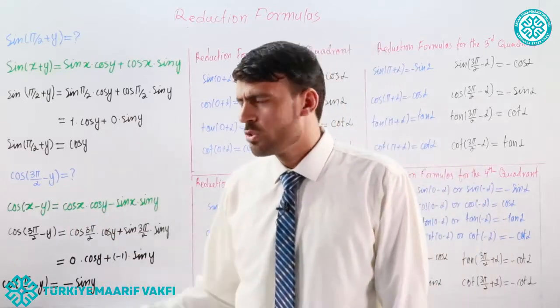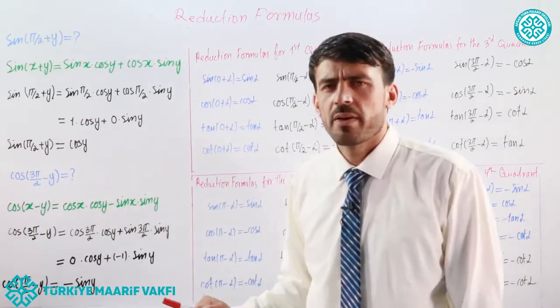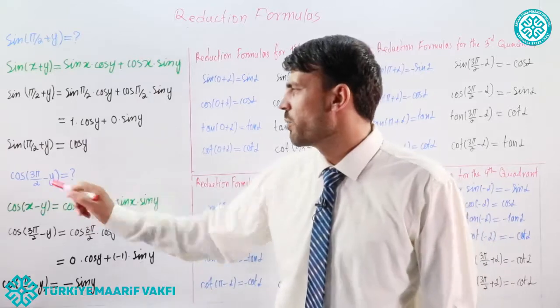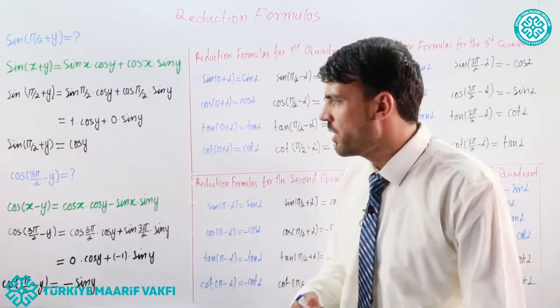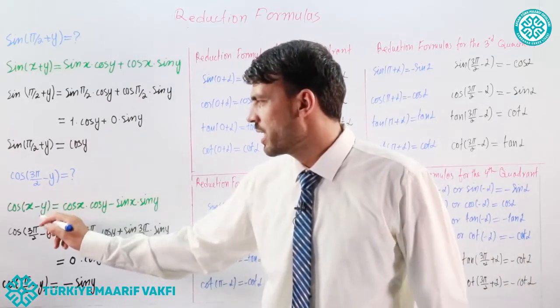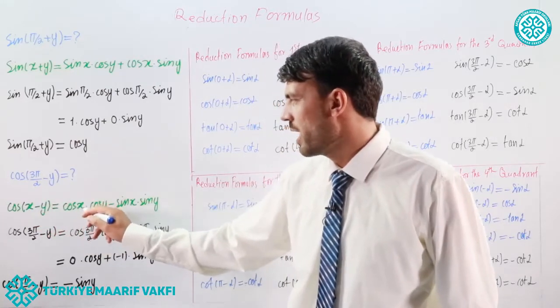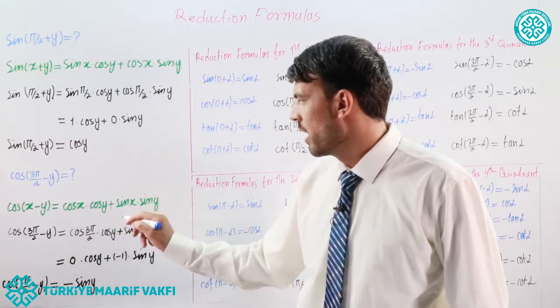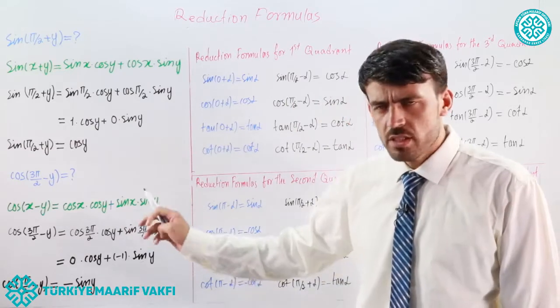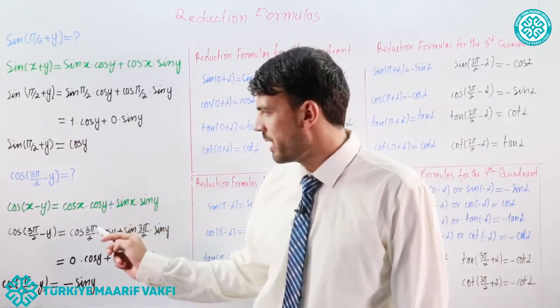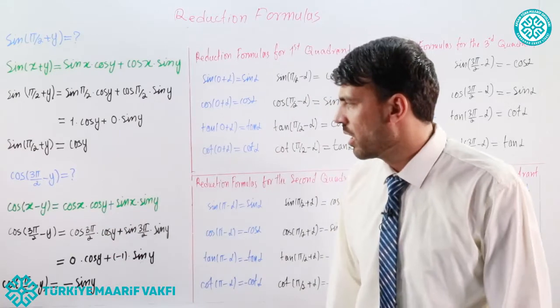So we are going to use the difference formula for cosine function. The difference formula for cosine is cosine of x minus y is equal to cosine x cosine y plus sine x sine y. Here we are going to replace x with 3 pi over 2.